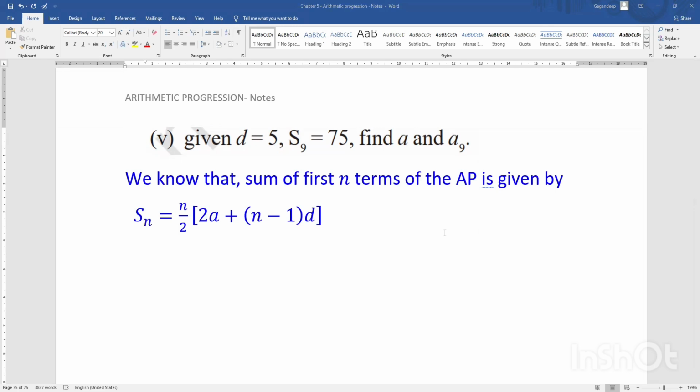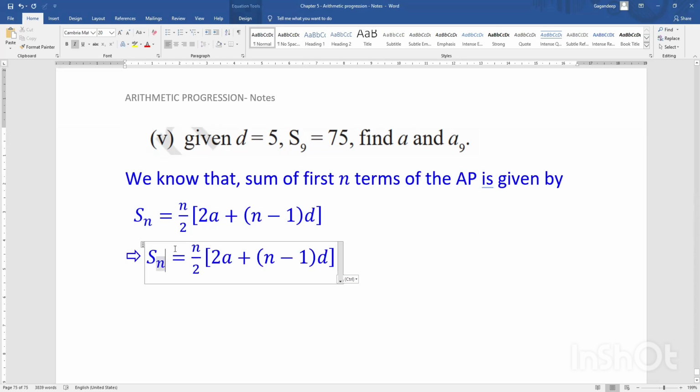Okay. In my next step, I'm going to substitute for n as 9. So that is, I'm going to take S9. So for S9, put n equals 9. Here also I'll put it as 9. 2a plus n minus 1, so n is 9, 9 minus 1 into d value is 5. Okay.